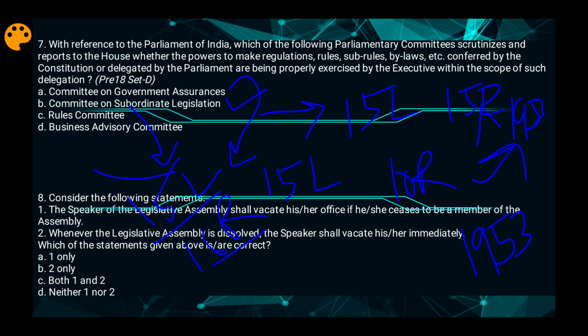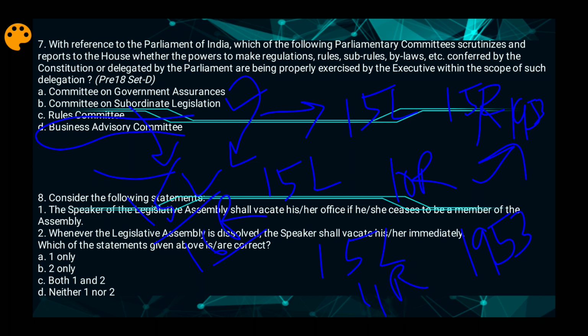Based on that, the Business Advisory Committee checks the timetable, at which time what the legislature will do, which type of question at what time. It means the timetable related to activities will be done by the Business Advisory Committee, and the strength of this committee is 15 members from Lok Sabha and 11 members from Rajya Sabha.